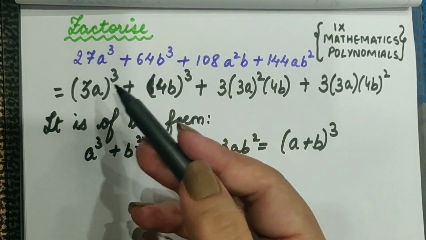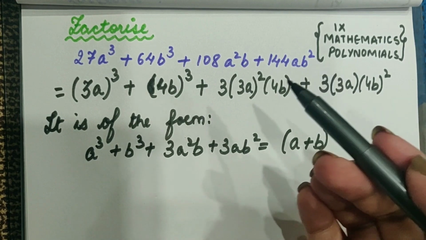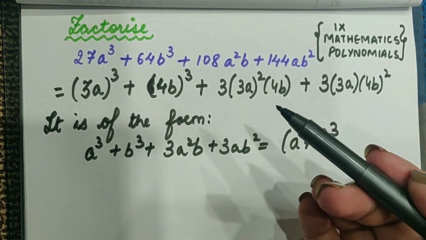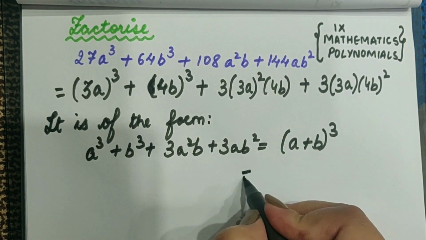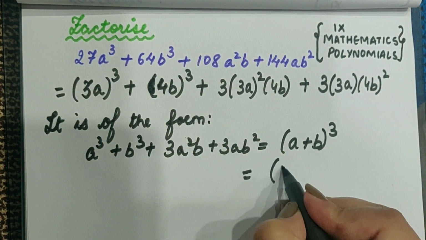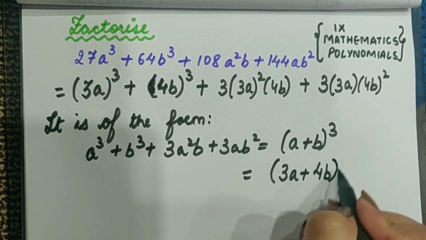First of all, when such a question comes, you need to identify which identity is being formed in the question, which form it is turning out to be. So it will be equal to (3a + 4b)^3.